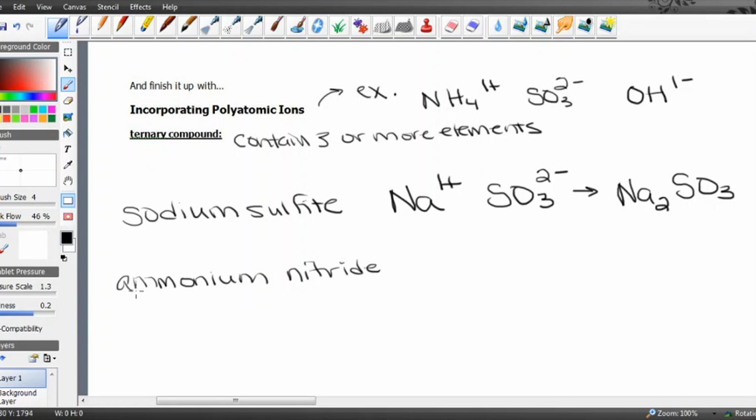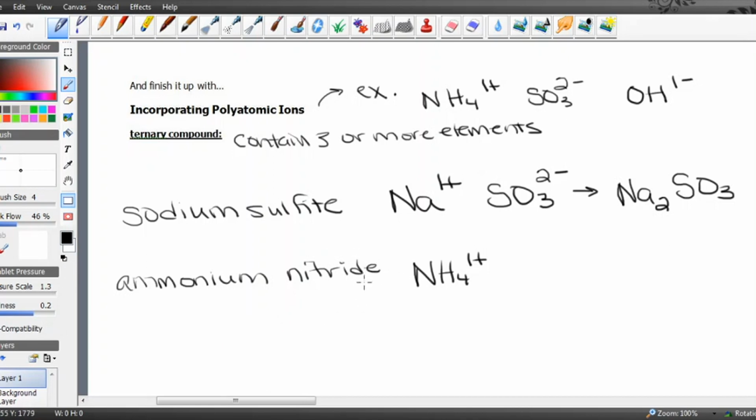Ammonium nitride. Write the cation and the charge that it makes. If you went looking for the element ammonium on the periodic table, you're not going to find it because it's not an element. It's a polyatomic ion. It's this NH4 1+. And the next ion is nitride.